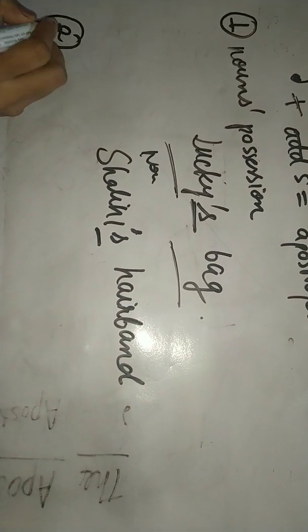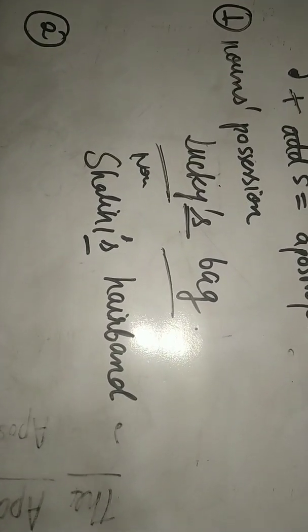The second point is that in case of a plural noun ending with s or es, we usually put an apostrophe after s or es to show noun's possession.